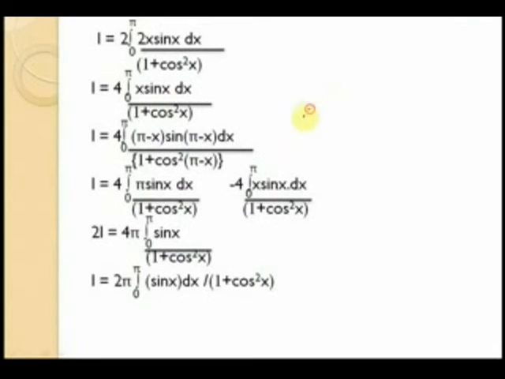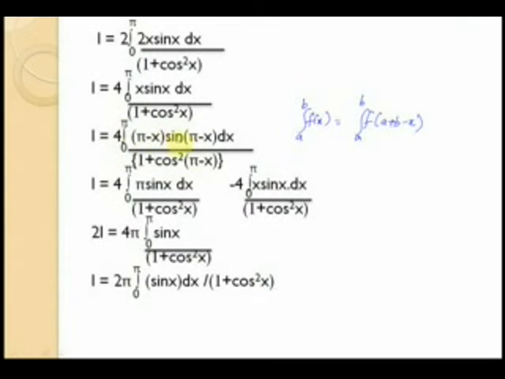Now we are going to use the property that integral of f(x) dx from a to b is equal to integral of f of a plus b minus x from a to b. So I would be equal to 4 times integral of pi minus x into sine of pi minus x divided by 1 plus cos square pi minus x from 0 to pi.